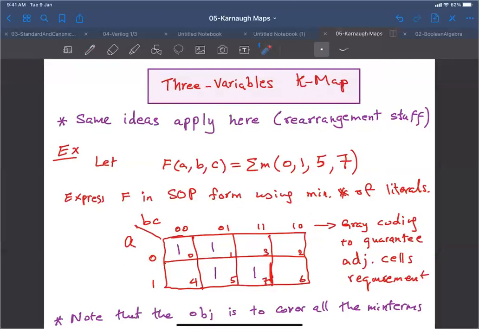And then instead of 1, 0, I'm going to have 1, 1, because remember, adjacent cells must be different by only 1 bit. Otherwise, if I put 1, 0 here, then 2 bits will be different. And then finally 1, 0. This is called the gray coding. The gray coding guarantees that adjacent cells differ by a single bit.